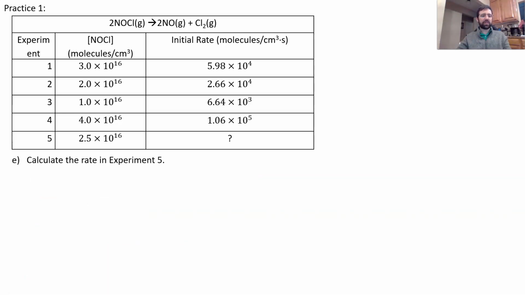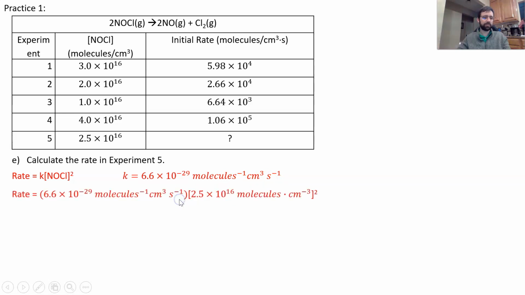Okay, part E, calculate the rate in experiment 5. So we've got experiment 5 here, we just need to plug it into our equation. Rate is K times NOCl squared, and we figured out what K was, 6.6 times 10 to the negative 29th inverse molecules times centimeters cubed times inverse seconds.